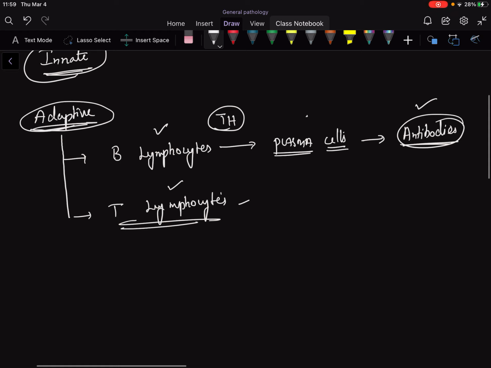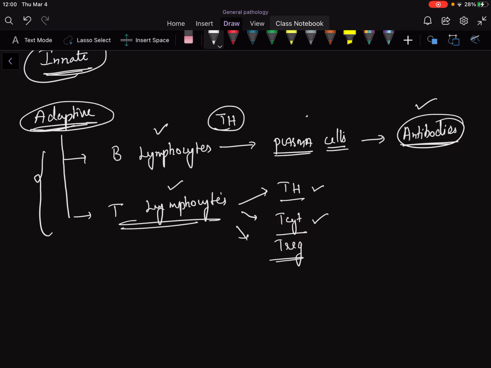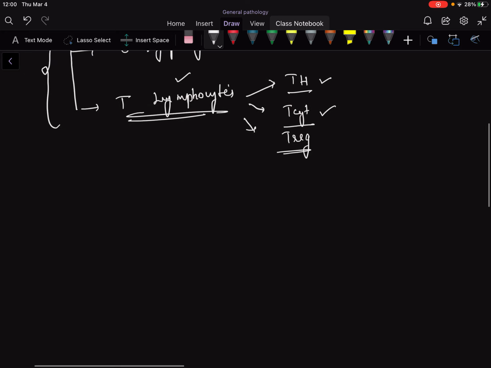T lymphocytes are mainly two types, T helper cells and T cytotoxic. There are also T regulatory cells, but for this part you just remember these two. All these cells come under adaptive immunity.